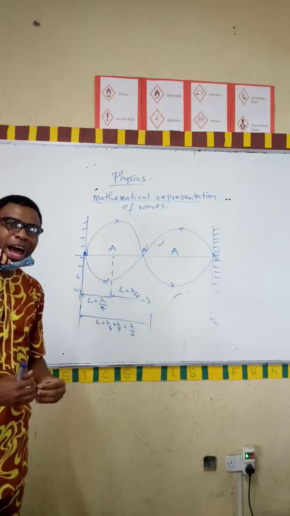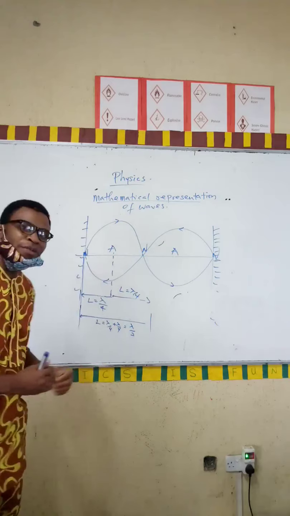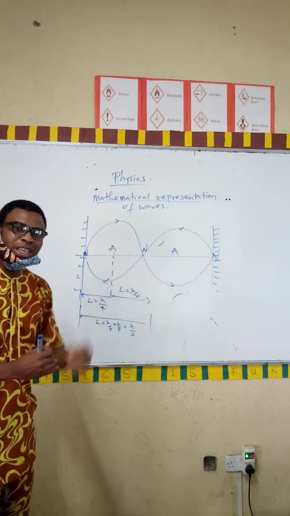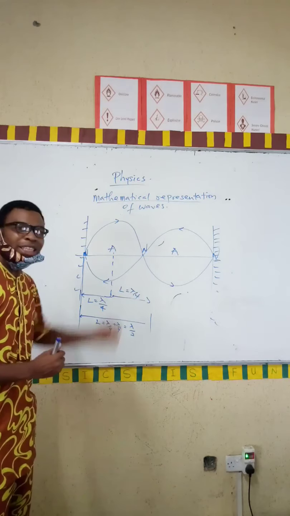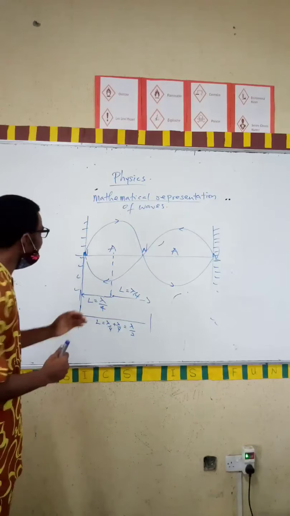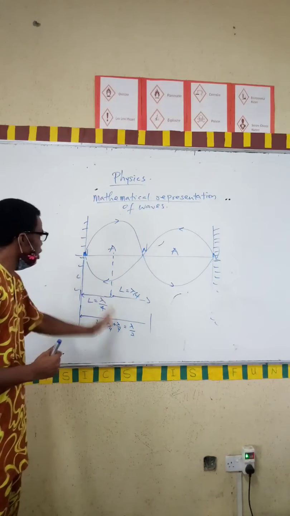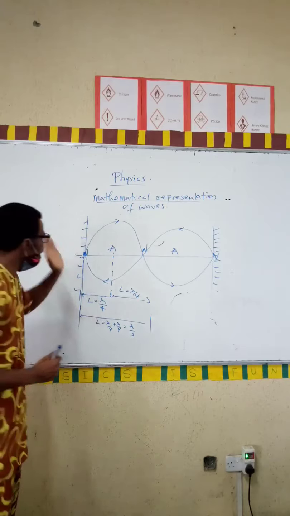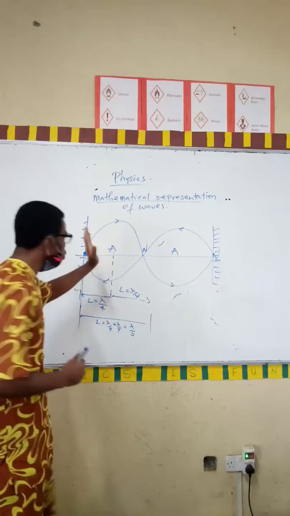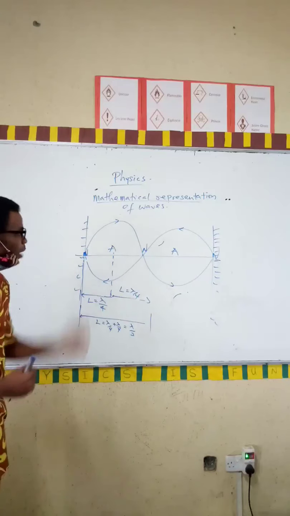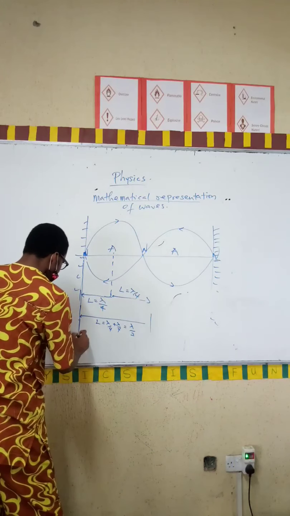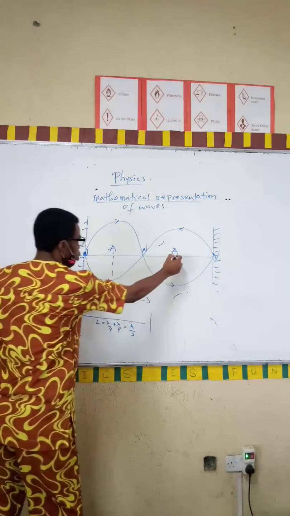In a standing wave, we have the incident wave and the reflected wave. And we have node and antinode, and the distance between the node and antinode is lambda over 4, and the distance between node to node, or antinode to antinode, is lambda over 2.